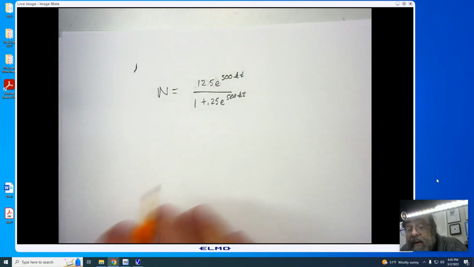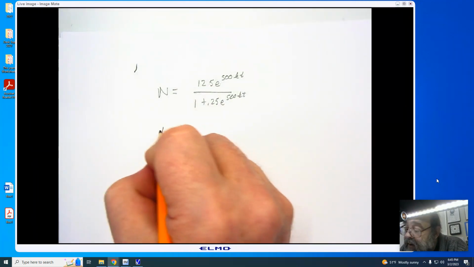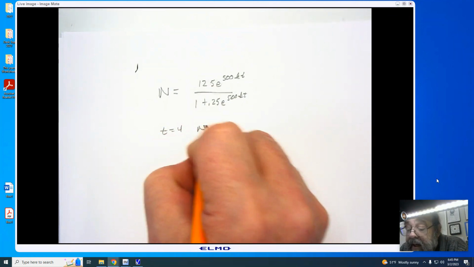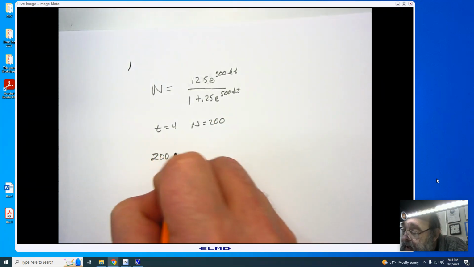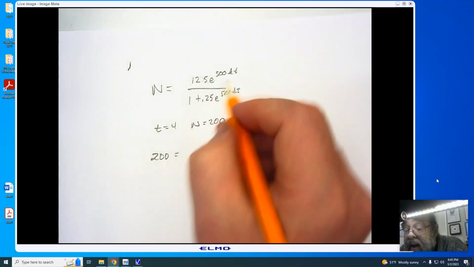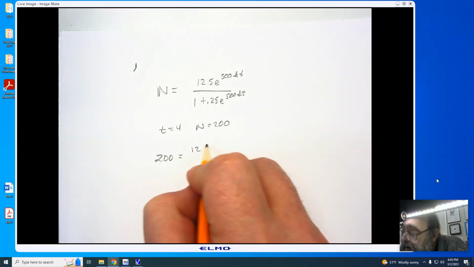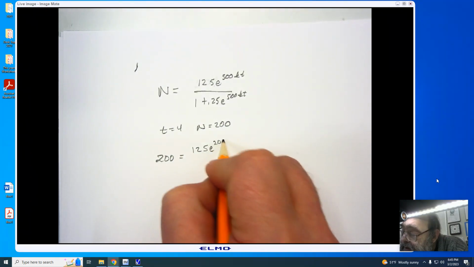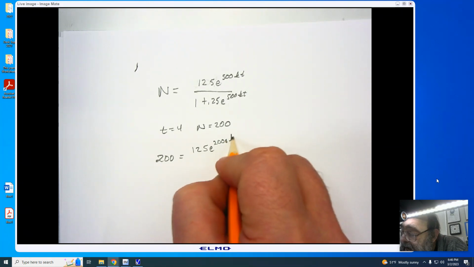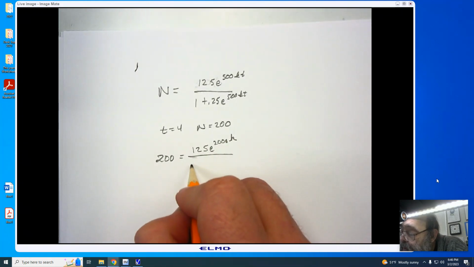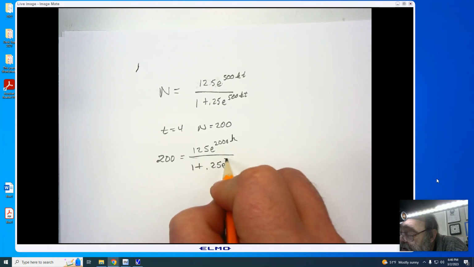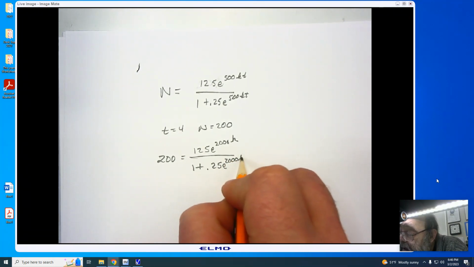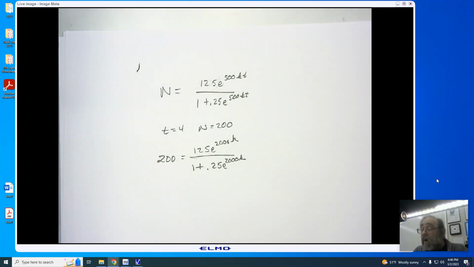I'm now going to put in my value of t equal to 4 and n equals 200. And I end up with 200 equals, and I'm now putting in 125 e to the 2000 k divided by 1 plus 0.25 e to the 2000 k, and I'm now going to solve for k.